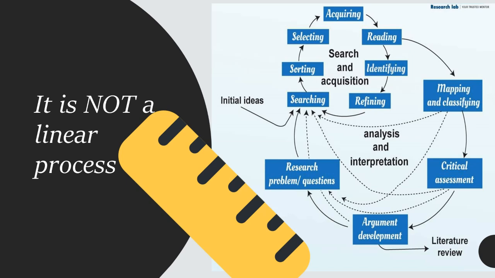And as you're refining your initial ideas, you might find, no, I need to add an area, or I need to select, or I need to read further. So your literature review isn't done until the day that you submit your dissertation or your thesis. There's always new information coming up. There are always new studies being done.